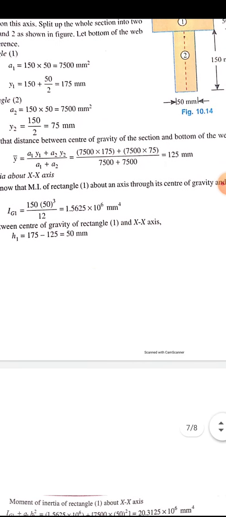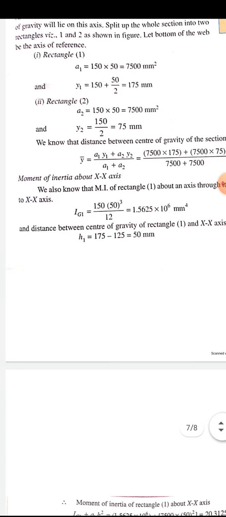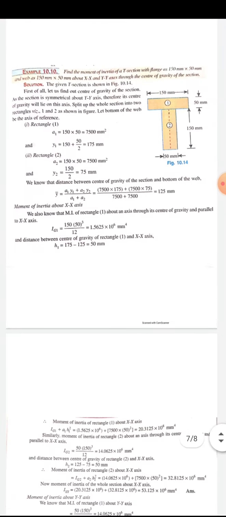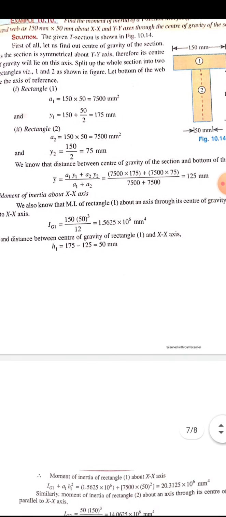We know that the moment of inertia of rectangular 1 about an axis through its center of gravity and parallel to the x axis is Ig1, for the rectangle we have taken as rectangular 1. Ig1 equal to b d cube by 12, with b equal to 150 and d equal to 50, so 150 into 50 cube by 12.